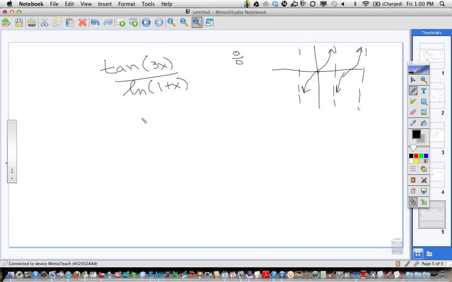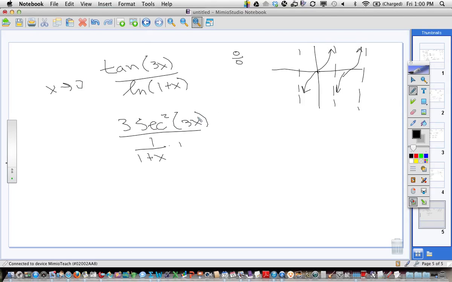So do the derivative. What would that be? Secant squared, take out a 3. Over, and then the derivative at the bottom, times the derivative of its inside, which would just be 1. Right? And then plug in again. That's approaching 0.